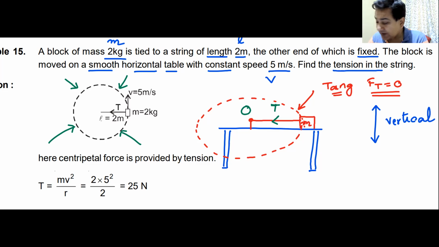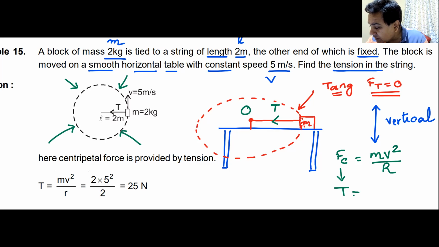So the only force that is acting toward the center is T. So now I will make the equation along the centripetal direction. The equation along the centripetal direction is: whatever is the net force, F centripetal, must be equal to mv square by R. The force which is giving you the centripetal force here is only one force, in the radial direction, that is T. So this T would be equal to mv square by the radius of this circle.